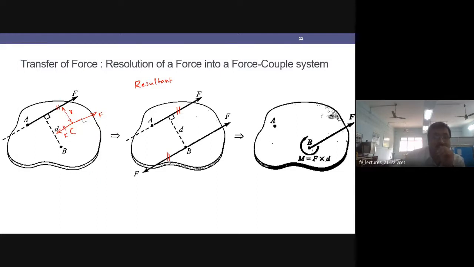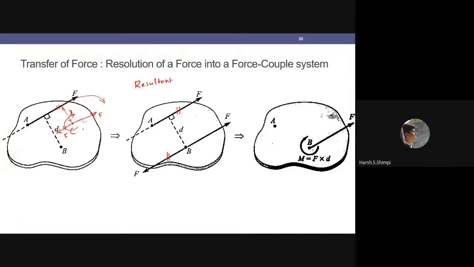This F and this F together form a moment, and the direction of that moment will be clockwise. It is causing a rotational effect in the clockwise direction. So the overall effect is a moment in the clockwise direction.